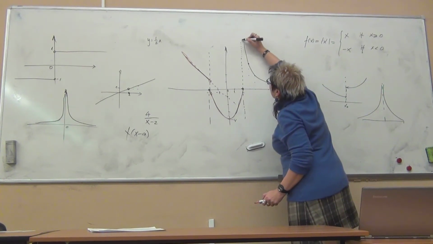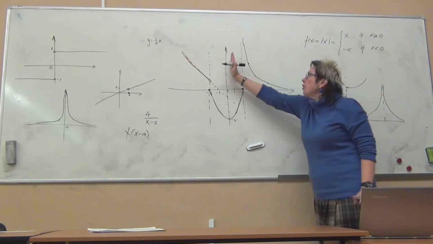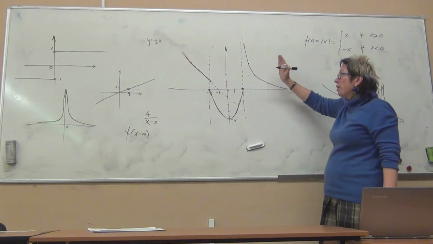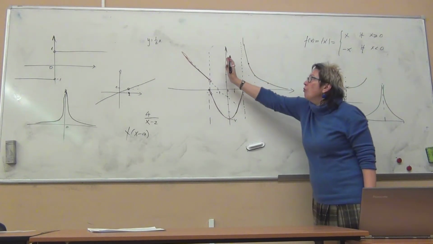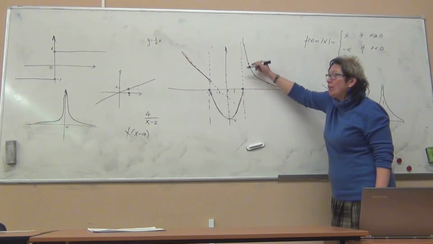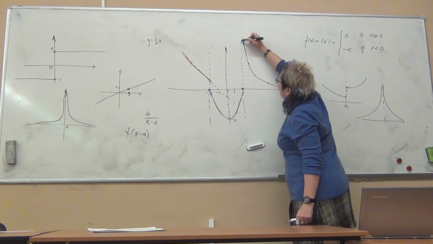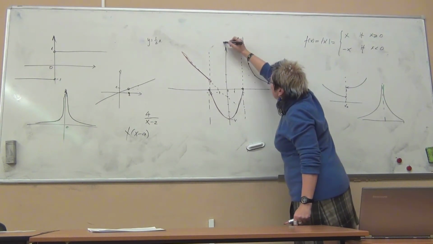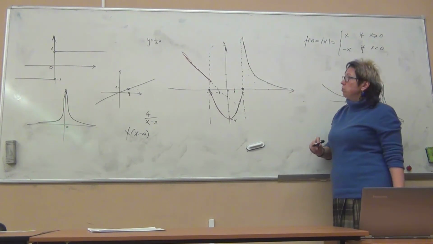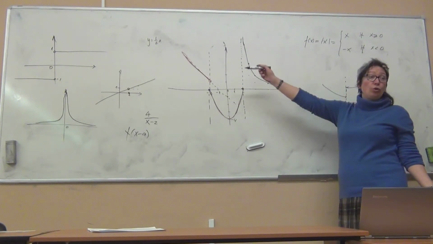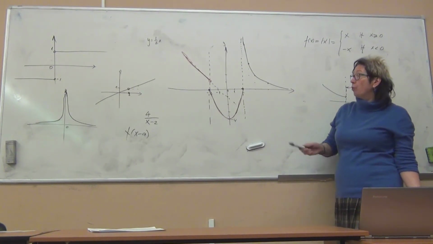Because it's shifted 2 units right, the vertical asymptote, instead of the y-axis, is this one. So we have 2 discontinuities for this function.